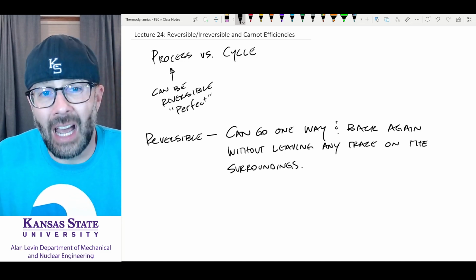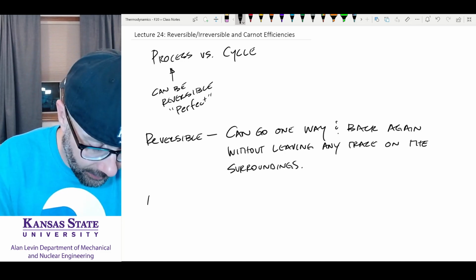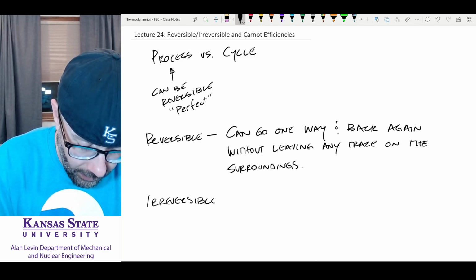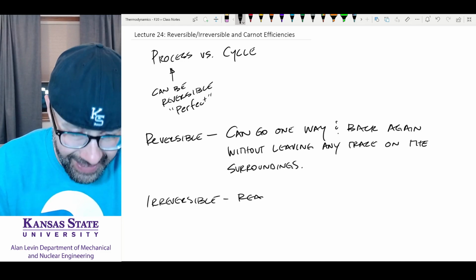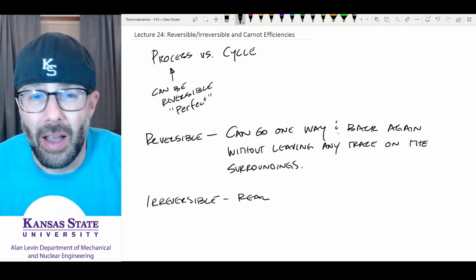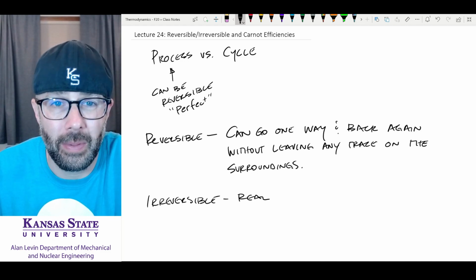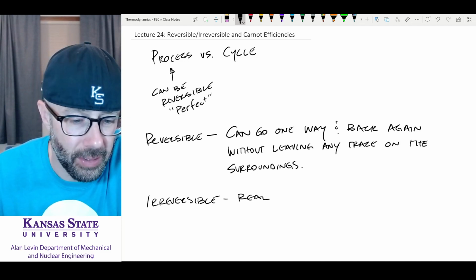Okay, now irreversible processes are easy. It's just a real process. These have heat loss and friction, and all those things that we know are real that happen to us.